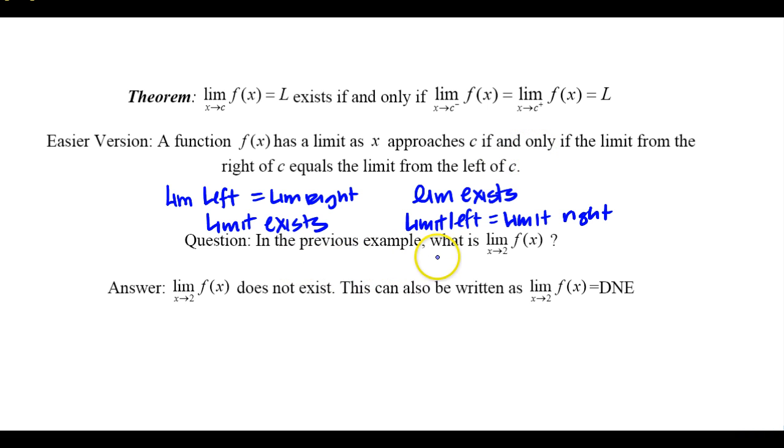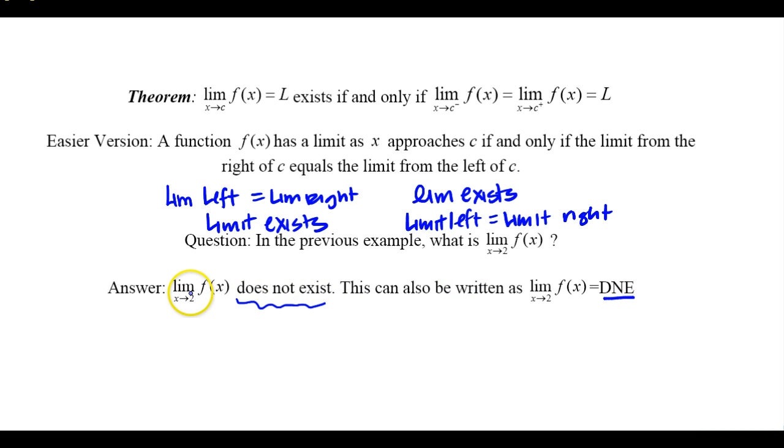So in the previous example, what is the limit as x approaches 2 of f of x? Well, the answer is that the limit as x approaches 2 of f of x does not exist, which can also be written as DNE. So why doesn't it exist?